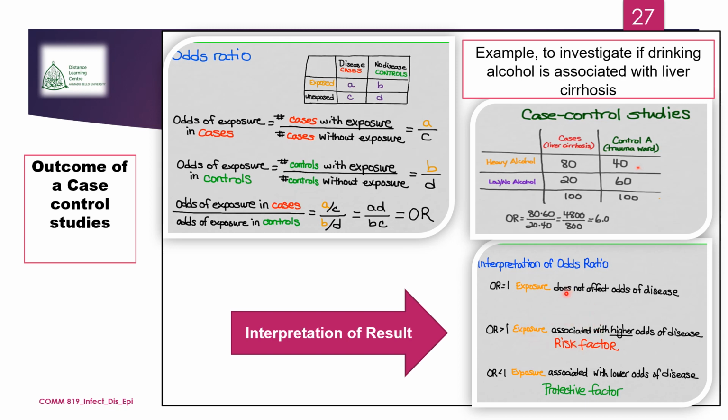You can put it this way: you can say the odds or risk of developing liver cirrhosis is 6 times higher in heavy alcohol drinkers than in low drinkers. That shows the interpretation. Hope you understand. It's simple.